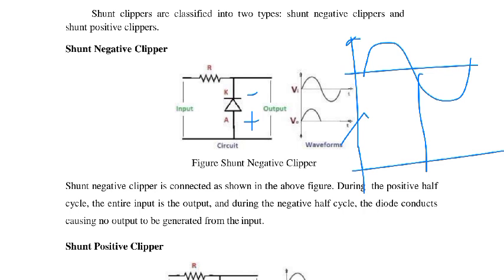So if we have a positive input, this diode will be off.